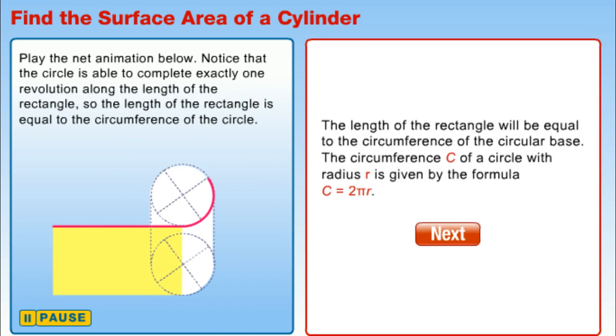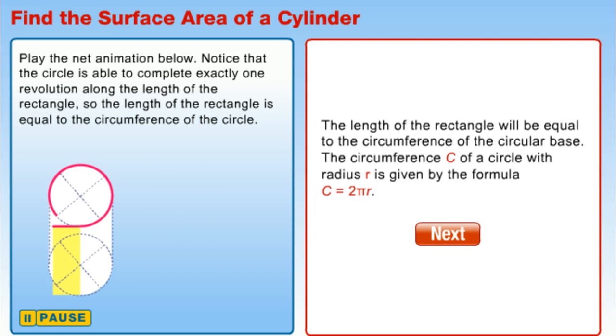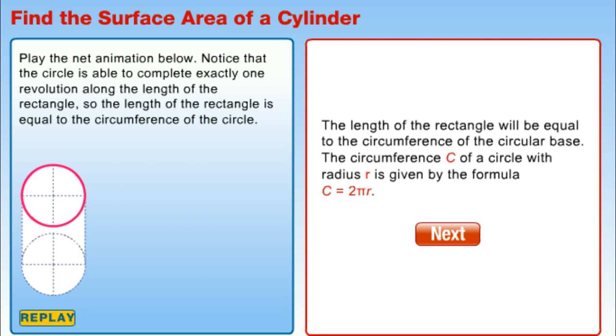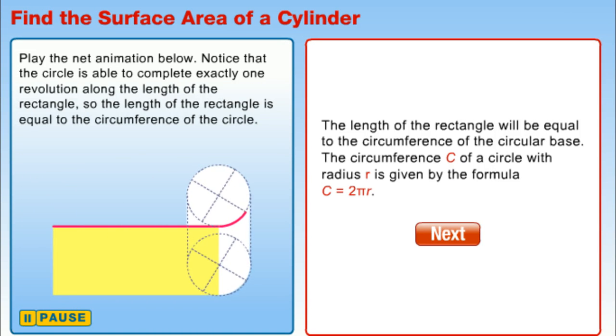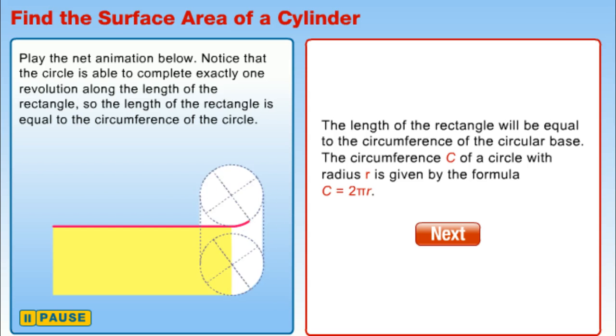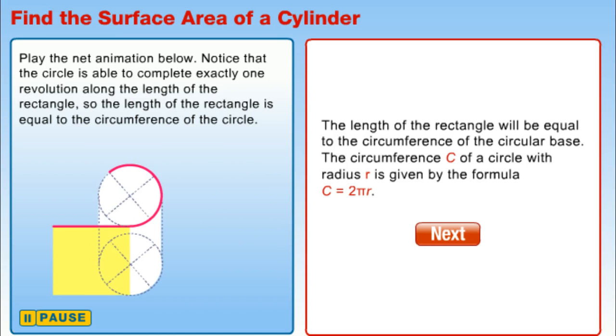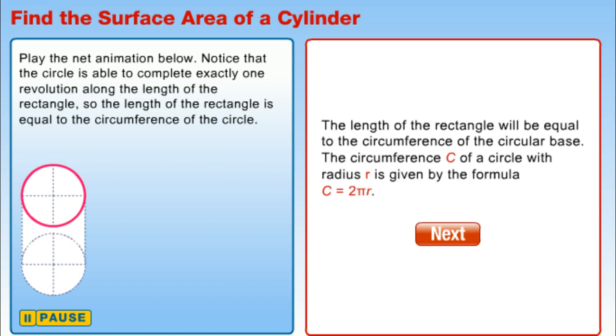So for that rectangle that makes up the side of the cylinder, its dimensions will be its length, which is the circumference of the circle, times its height, which is the height of the cylinder. If we can find that area and add it to the area of the 2 circles, we'll have the surface area of the cylinder.